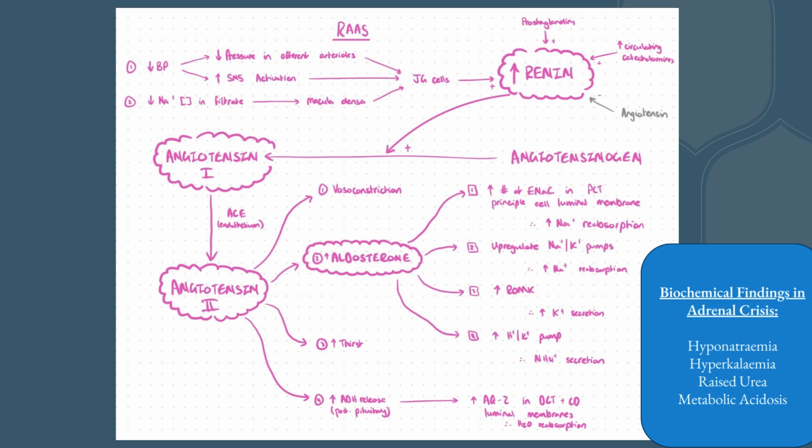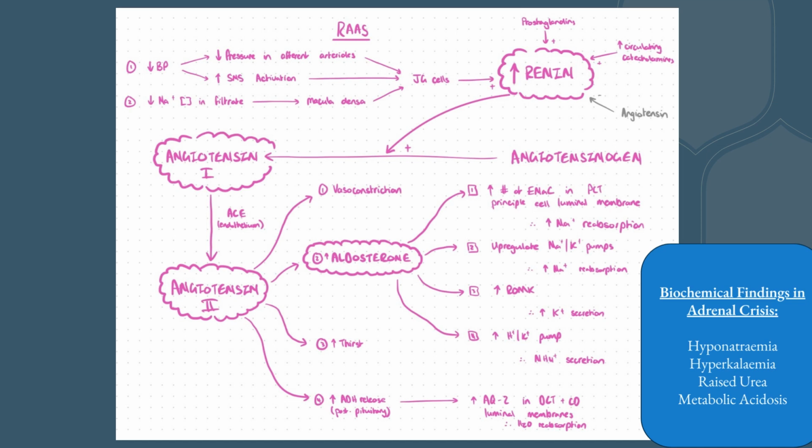It also causes an upregulation of the sodium-potassium pumps, thereby increasing sodium resorption and effectively facilitating potassium secretion, because that's on the basolateral membrane, and on the luminal membrane there's the ROMK, which causes excretion of potassium ions into the filtrate. And the last thing it does is upregulate the pump that causes NH4 plus ammonium secretion, and that works in collaboration with the other 2 pumps in steps 2 and 3 there.